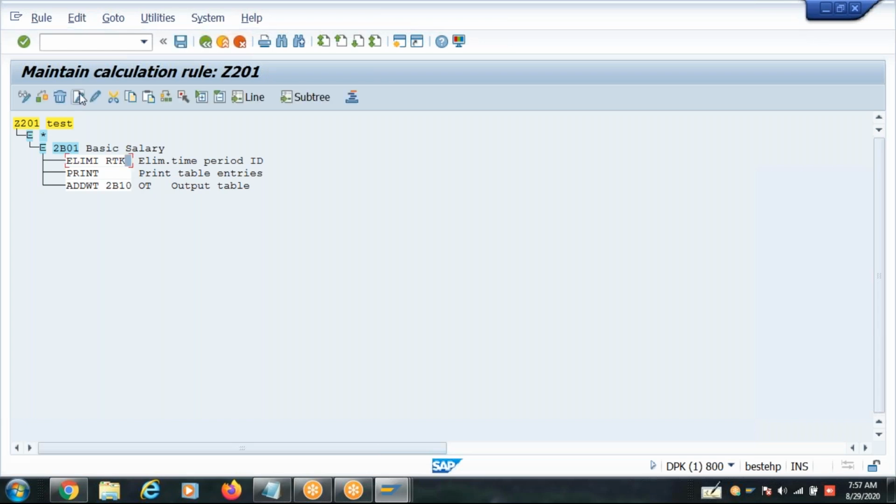One more ELMI operation like this, ELMI XYZ, like ELMI 1, 2, 3.